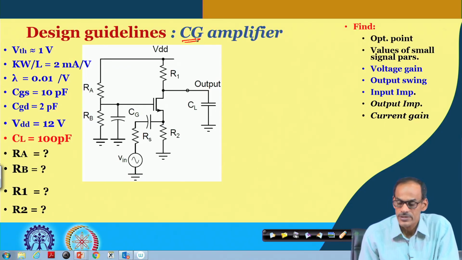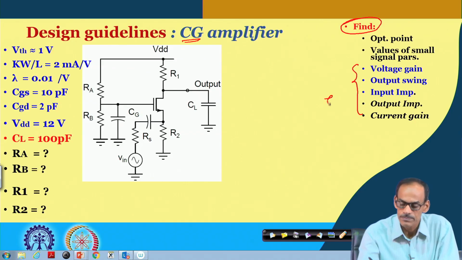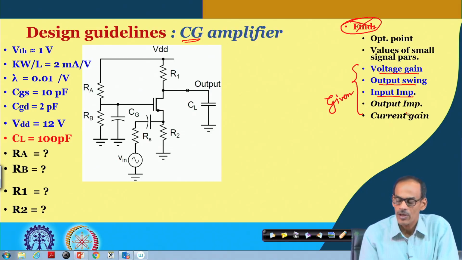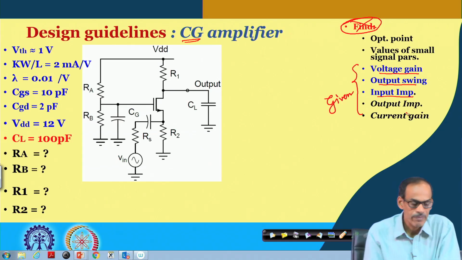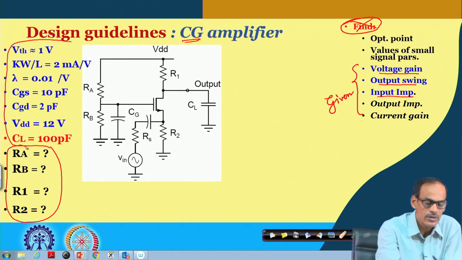Here the task is, instead of finding these values, probably they are given. Now we have the complementary exercise: the voltage gain, output swing, input impedance, maybe the current gain and output impedance are given to us, and we need to find the corresponding bias circuits, assuming the other information is given to us.